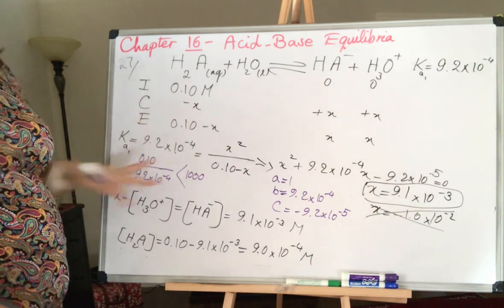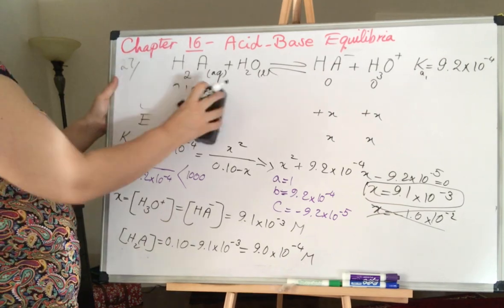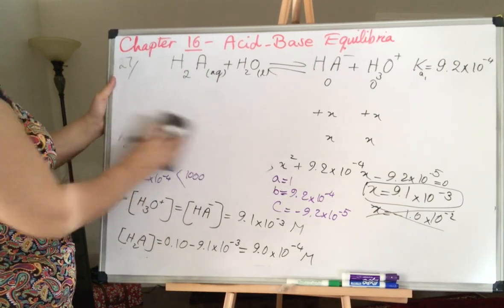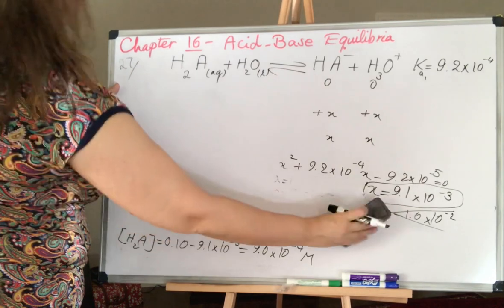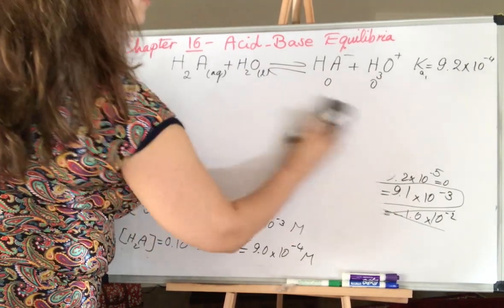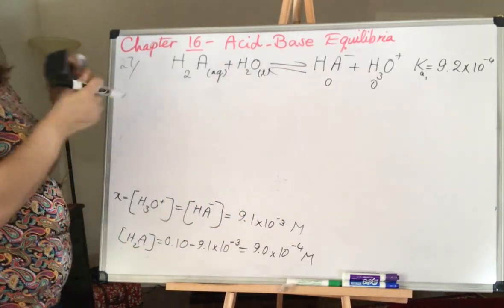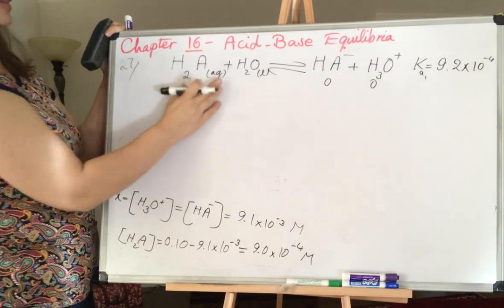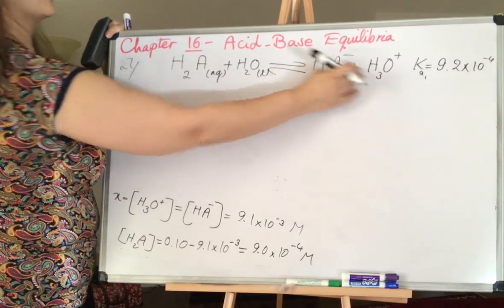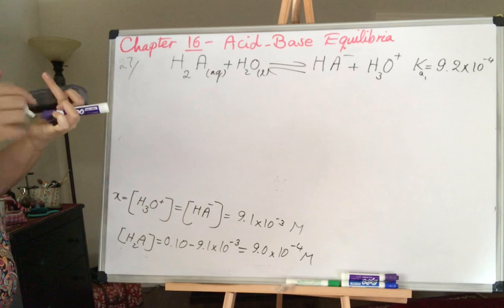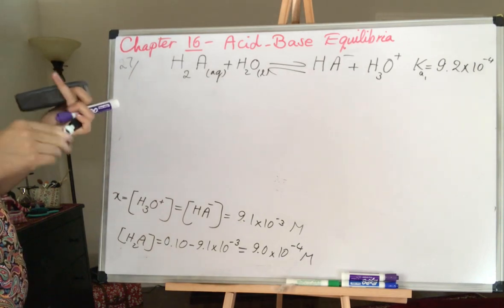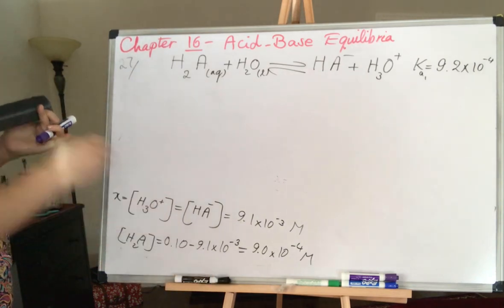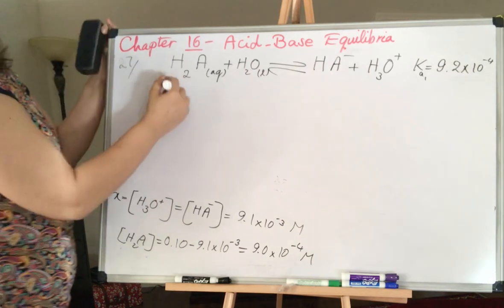So, allow me to erase my ice table, and I will keep the concentrations though. So, if I want to write the second equation, I prefer to write it in a different color so you're able to see the difference.